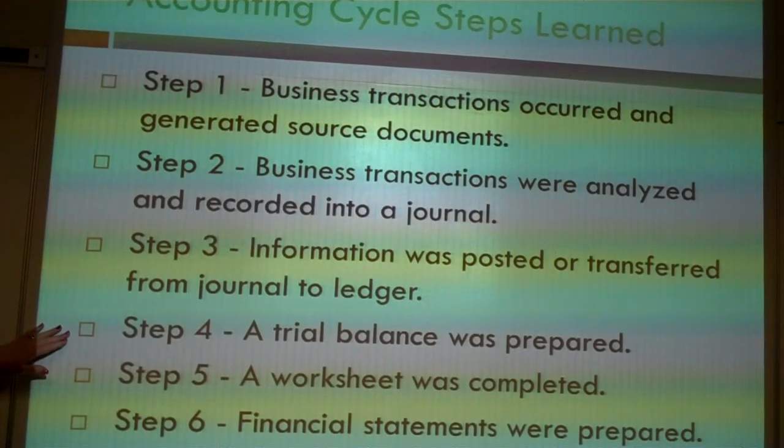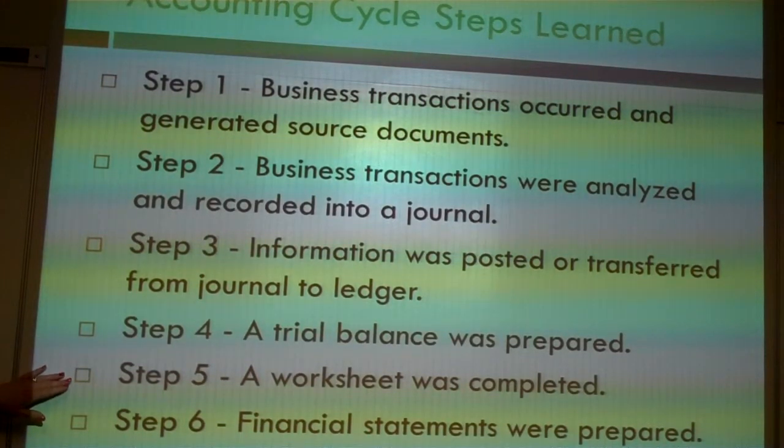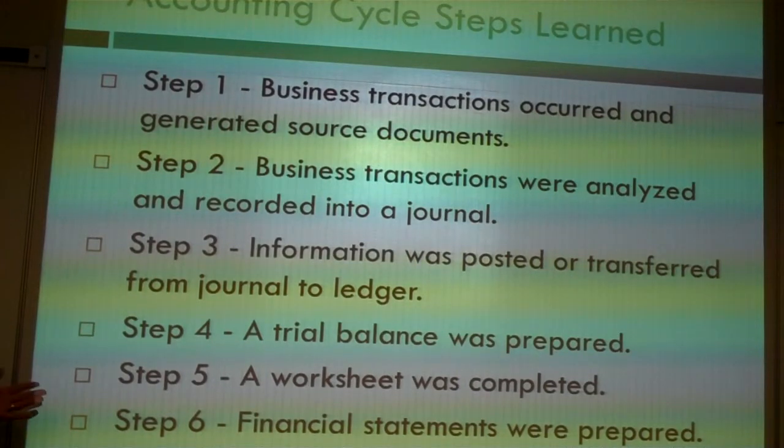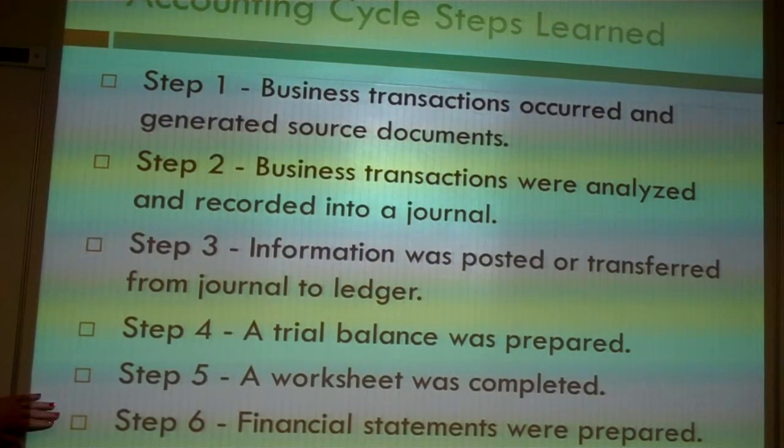We're going to prepare a trial balance, and you'll do that on the worksheet. We're going to finish the worksheet with the adjustments, the adjusted trial balance, the income statement, the balance sheet, and then the last step is to prepare the financial statements, the formal financial statements, the ones where you need the dollar signs, the single line where you added or subtracted, and the double line to indicate that we have a total.